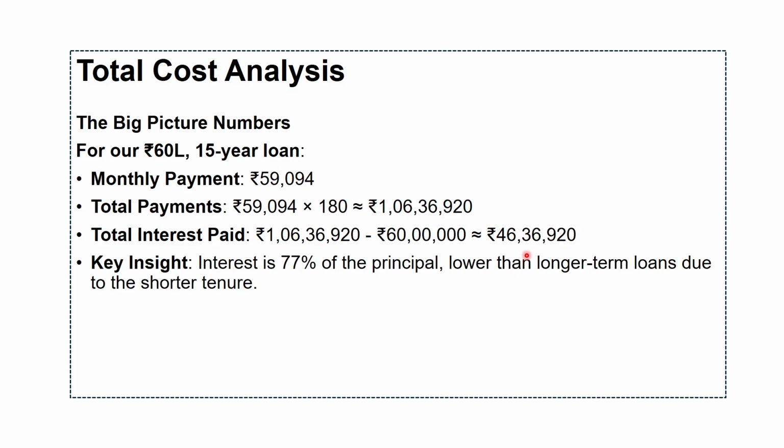So, interest equals 77% of the principal, lower than a 20 to 25-year loan due to the shorter tenure. A key insight for Indian borrowers seeking affordability. In the earlier lecture, a 50 lakh loan was given at 9% with around 58 lakh interest. This 60 lakh case at 8.5% provides a new angle.